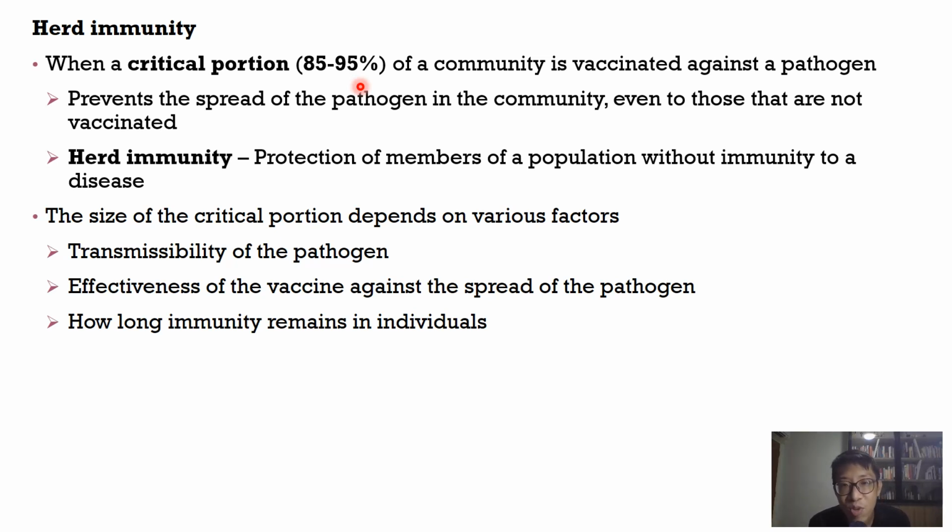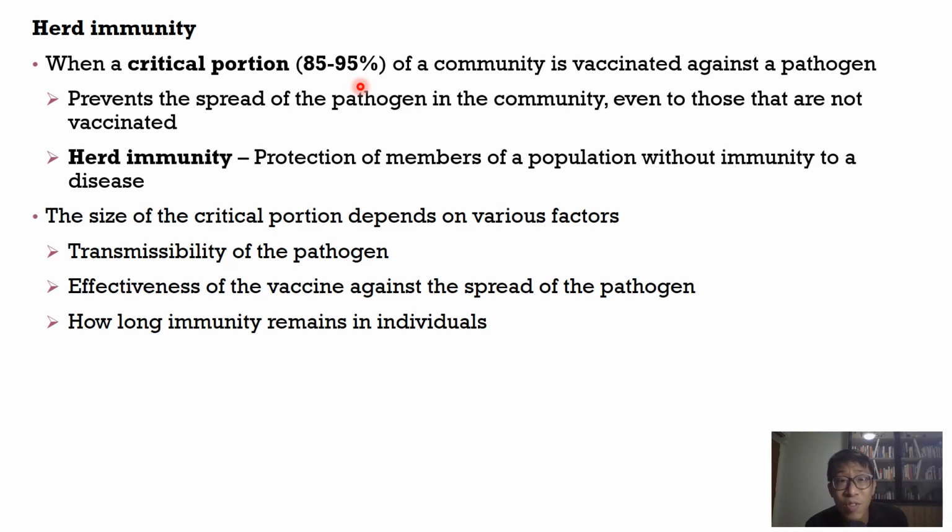But practically, sometimes for certain people the memory cells' number will drop, right? So there would be this limit to how long the immunity lasts in some people and in some cases. Okay, so all this would affect the critical portion that is needed.